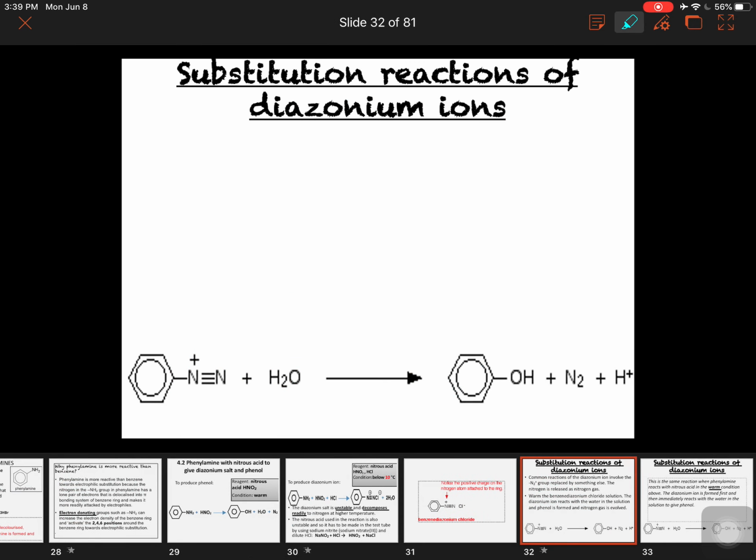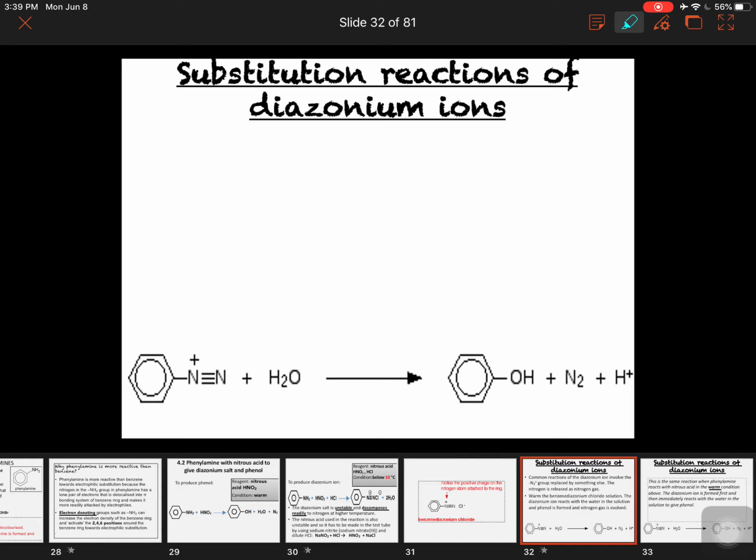Moving on, we want to look at the substitution reactions of diazonium ions. So moving away from the phenylamine, we now look at the diazonium ions. A diazonium ion, the diazo means you have 2 nitrogen. So it's 2 nitrogen that is singly bonded to the benzene ring, but triply bonded to each other.